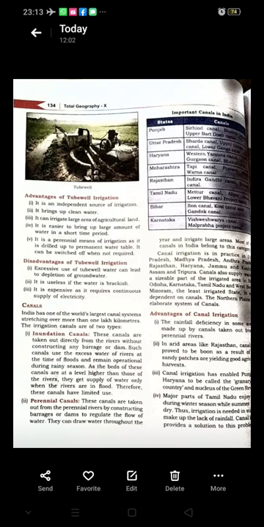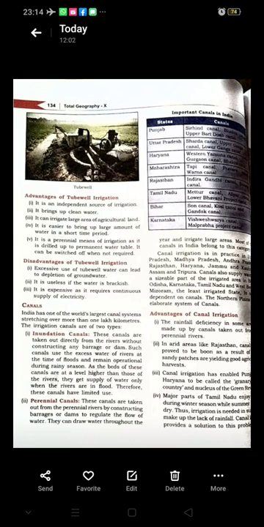Okay, now there are some disadvantages of these perennial canals. The problem of salt efflorescence due to overflooding of the fields, which makes the soil unsuitable for farming.